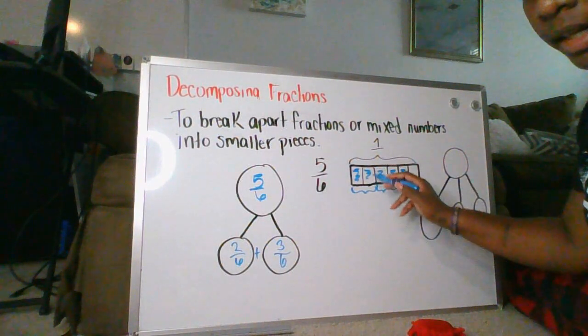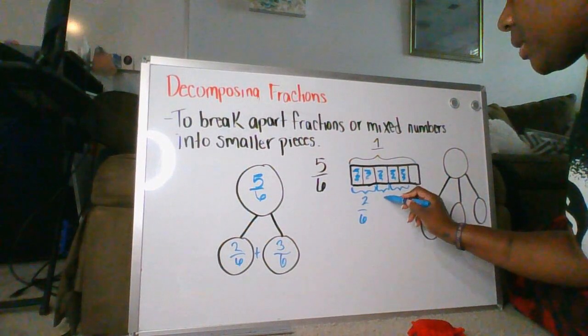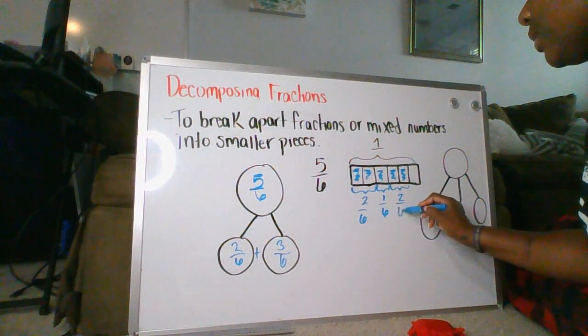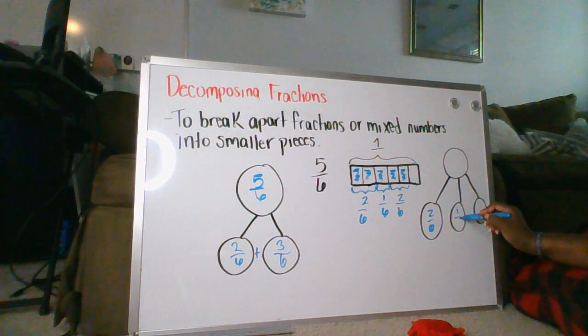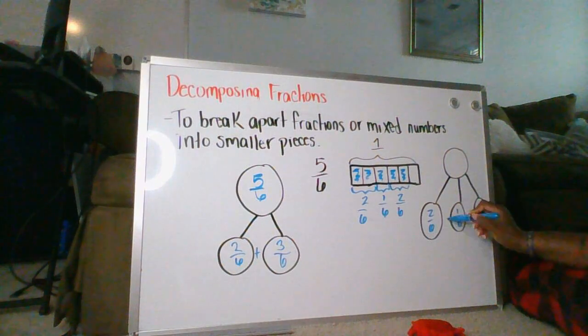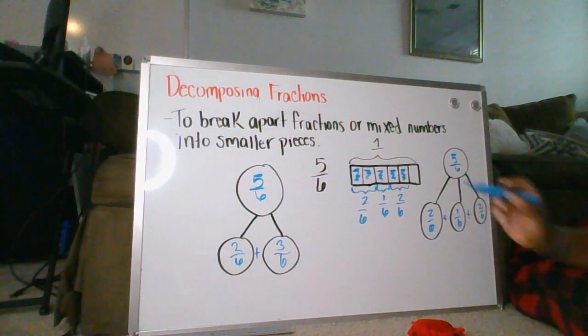So this right here is representing 2/6. This is representing 1/6. And then this is representing 2/6. So 2/6 plus 1/6 plus 2/6 is equal to 5/6.